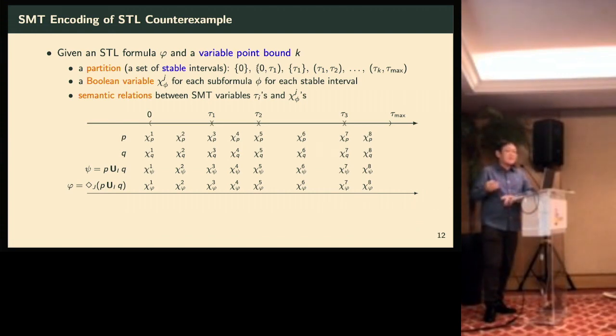And then for STL encoding, we need several symbolic variables, or SMT variables, to describe time points and the truth of each subformula.